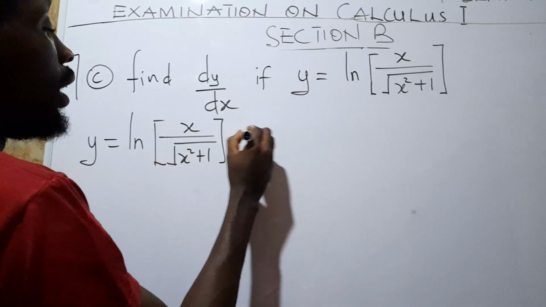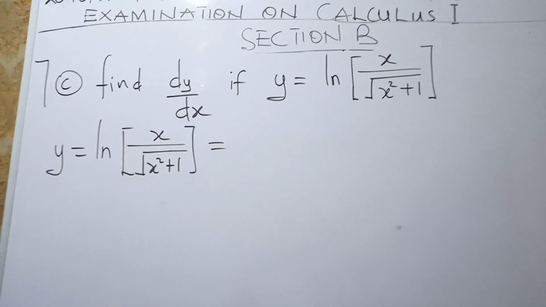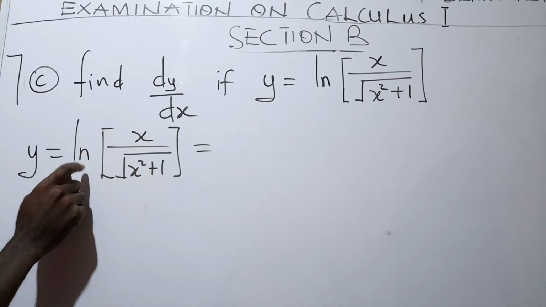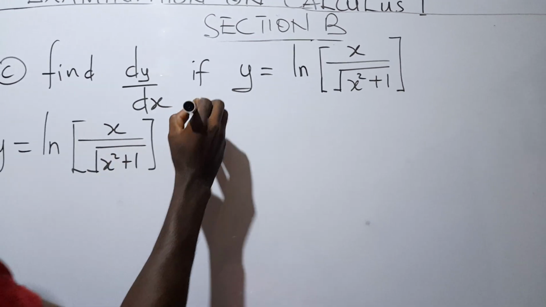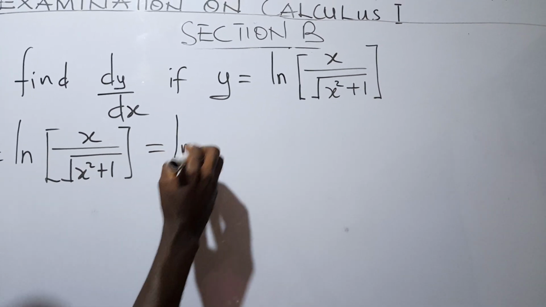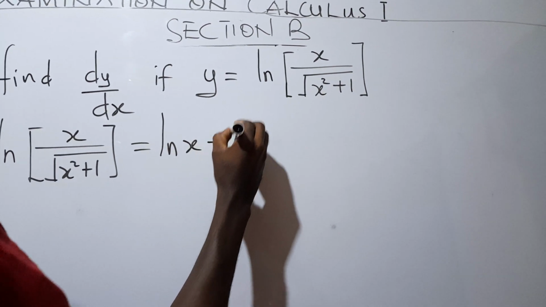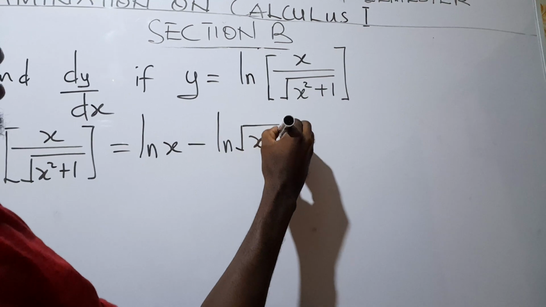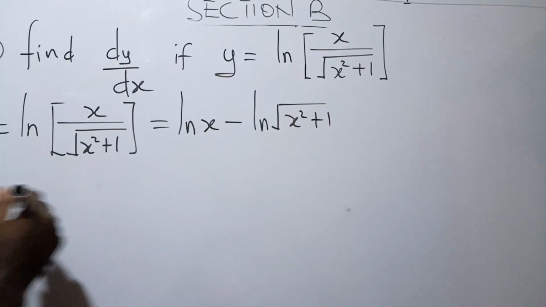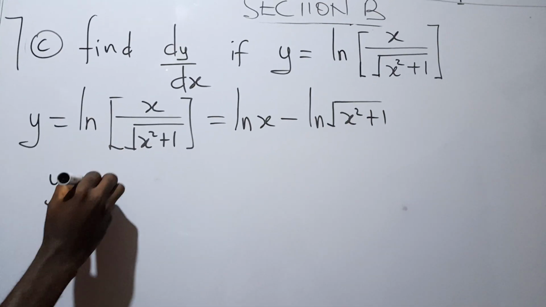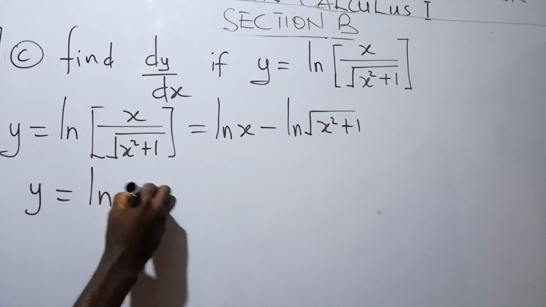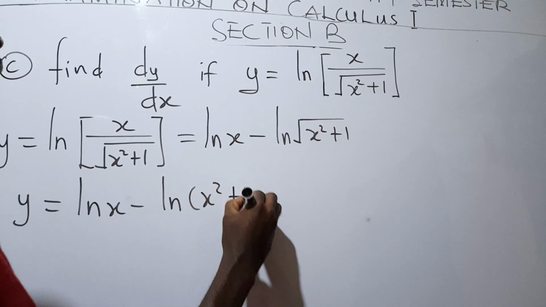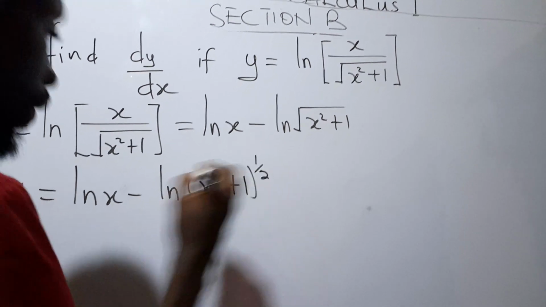But we can rewrite this function using the laws of logarithm, which says that if two logarithms are dividing with the same base, we can subtract them. So we can say this is ln x minus ln the square root of x squared plus 1. So we can rewrite that as y is equal to ln x minus ln x squared plus 1 exponent half.